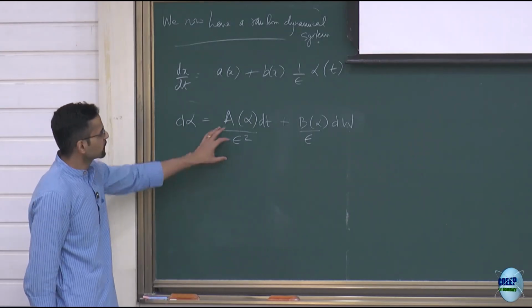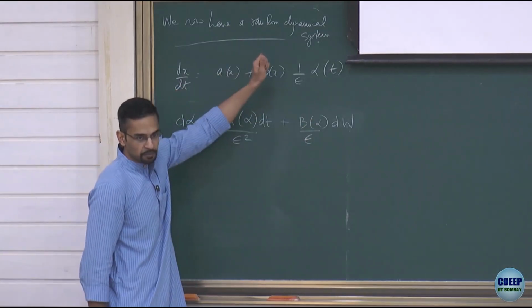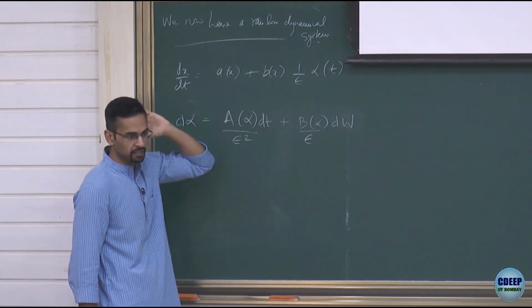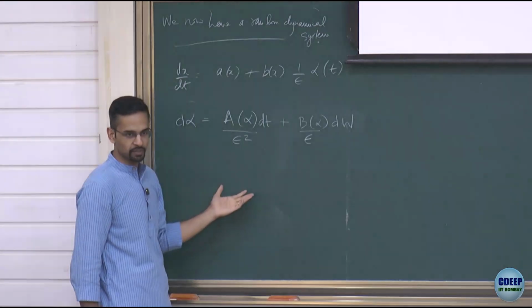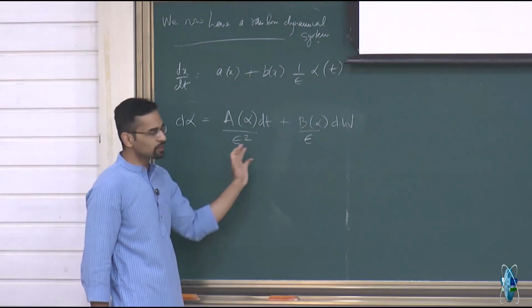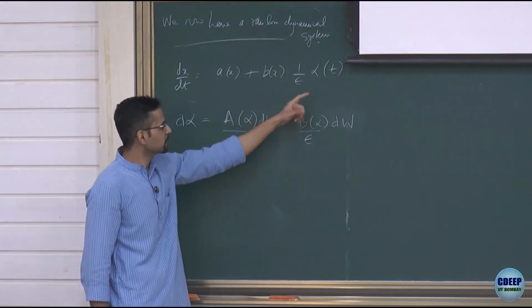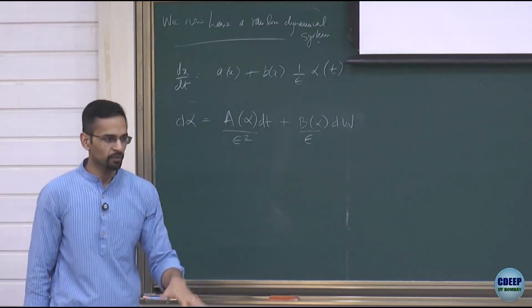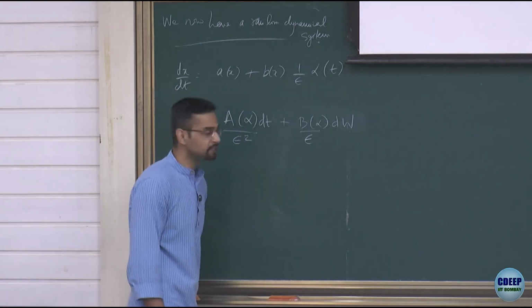Another way of thinking about that is that the coefficients are large. As epsilon goes to 0, the coefficients that drive the dynamics of alpha are much, much larger than the corresponding coefficients in X. That's why the dynamics of alpha is much, much faster. And this epsilon square, epsilon and so on just gives me the correct scaling, so that in terms of the time variable t, these dynamics are 1 by epsilon square faster, if you like. As epsilon goes to 0, they are that much faster.